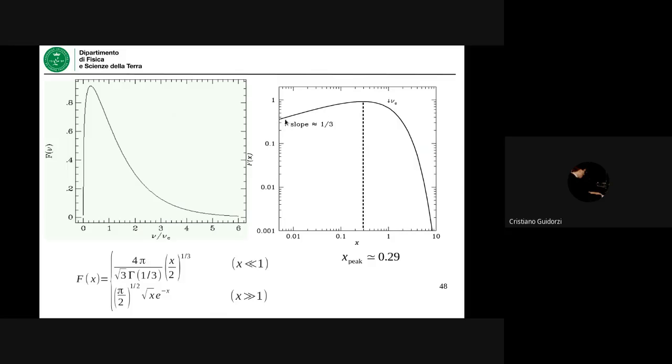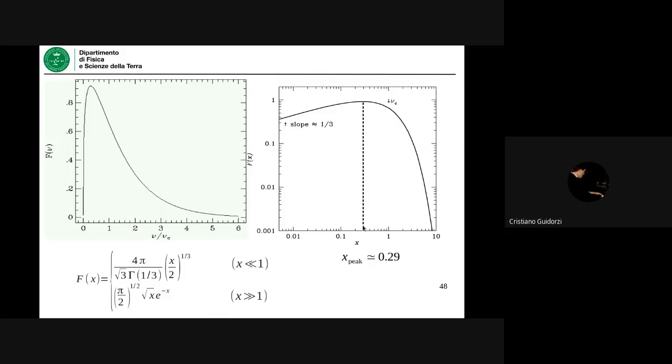I remind you, a straight line in a log-log plot is a power law. And indeed, the slope here is 1/3. So this is the spectrum of one single electron. And finally, you now see proven the second statement that I made about the distinctive properties of synchrotron emission. So the spectrum is continuous. And second point, most of the energy is emitted around the critical frequency. So that's why it's very important to know.